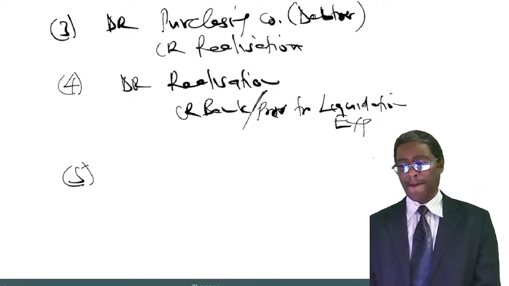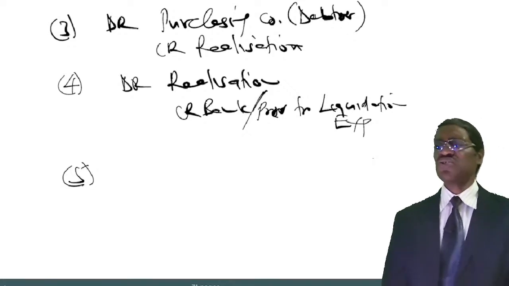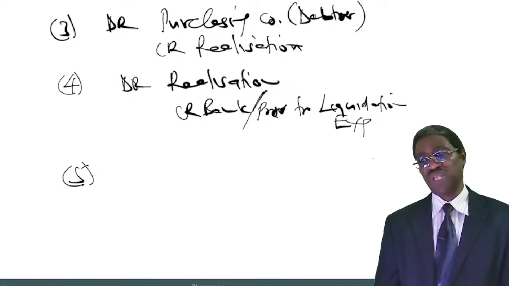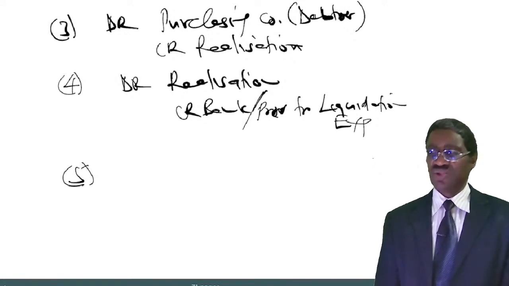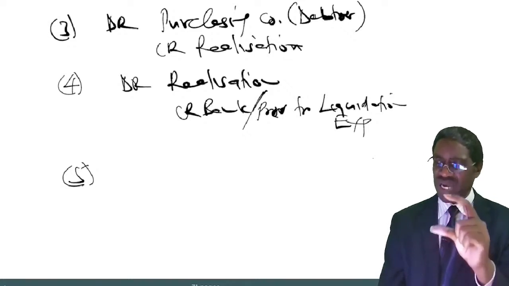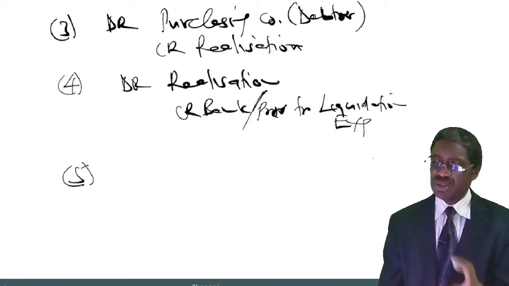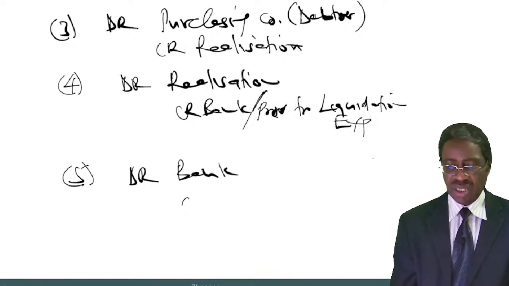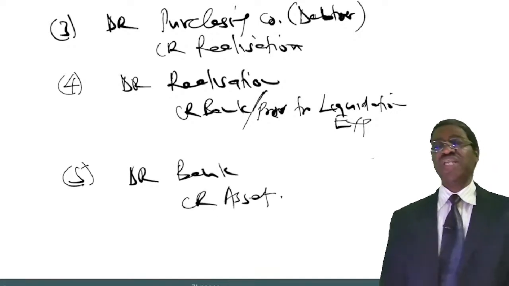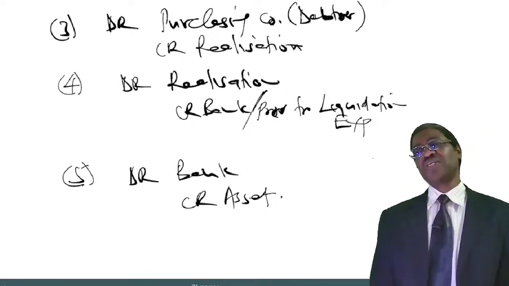Say this as number 5: with any assets not taken over by the purchasing company, but sold by the selling company, debit bank, credit asset.